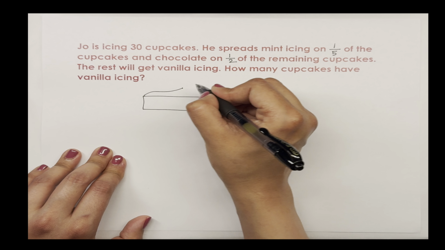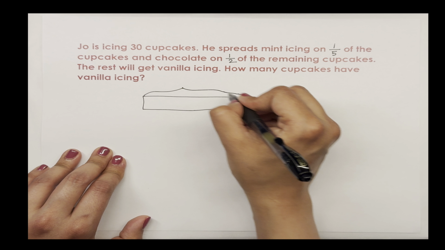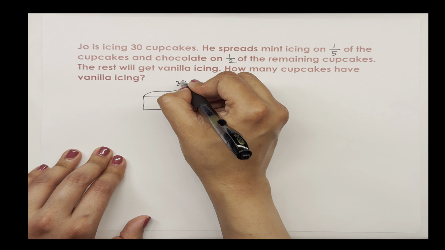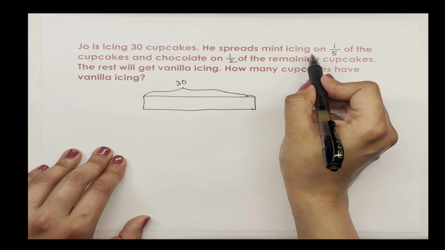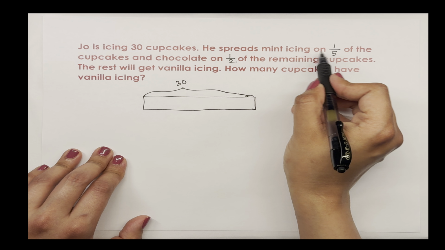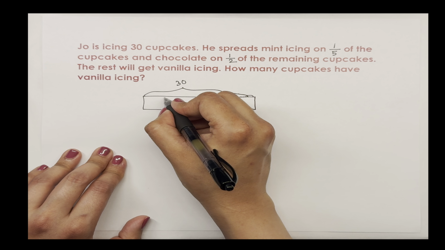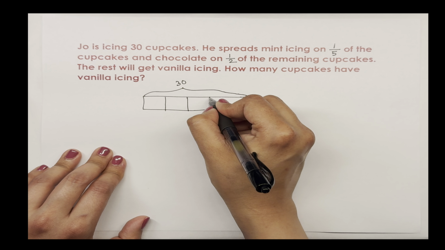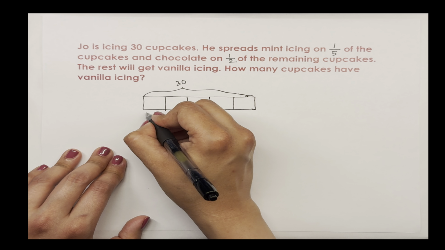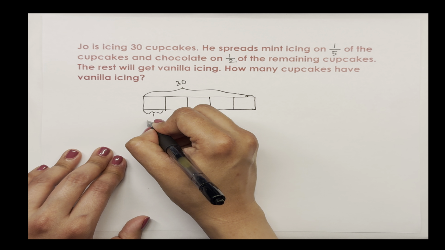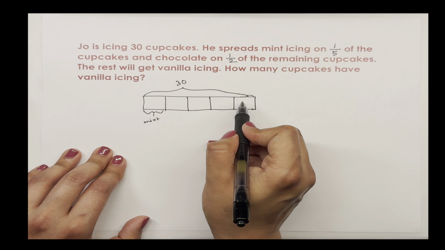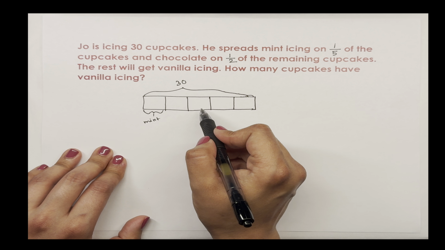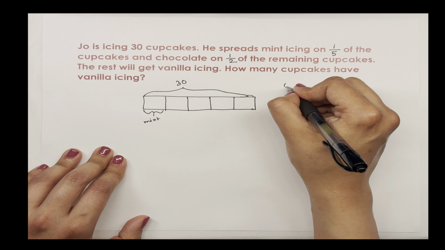Total is 30. 1/5 is mint icing. So make it 5 equal parts, and 1/5 is mint.